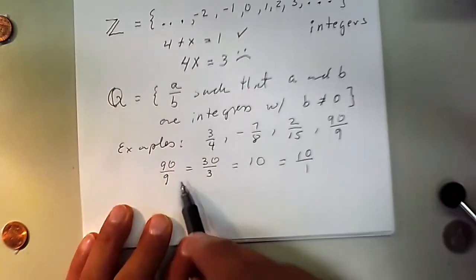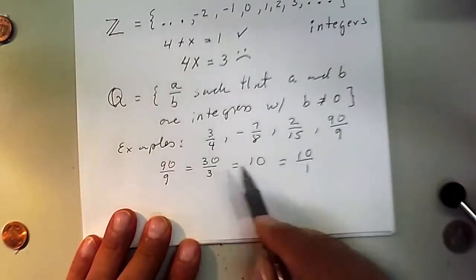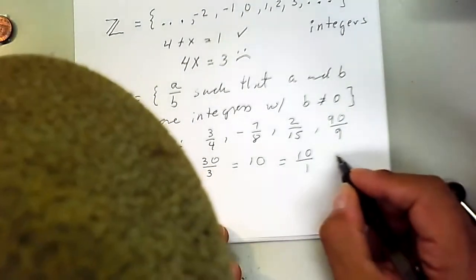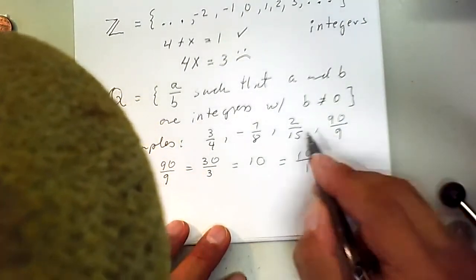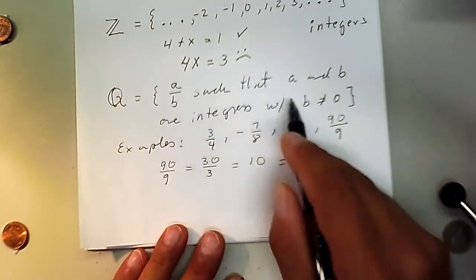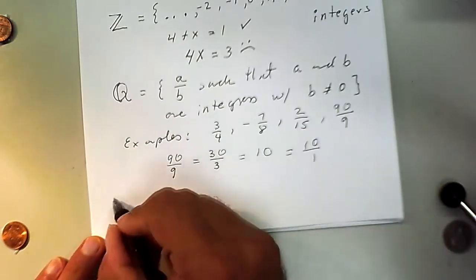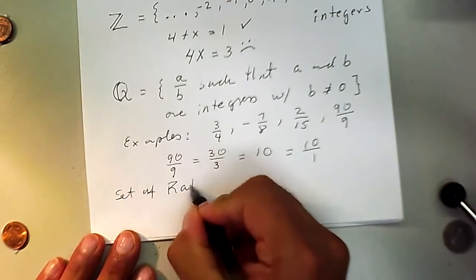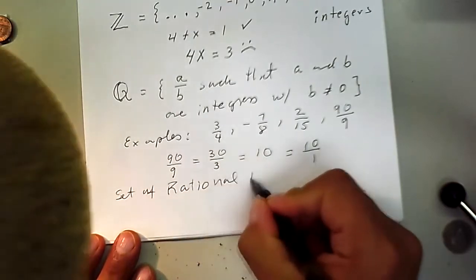And here, there are many, many more ways to write fractions. Anyway, 0, by the way, is another example of a rational number. So this is the set of rational numbers.